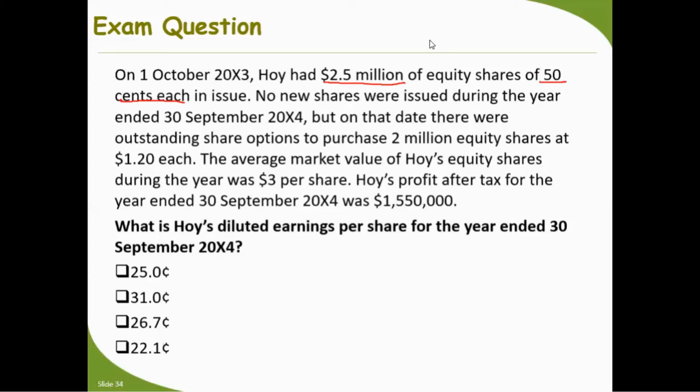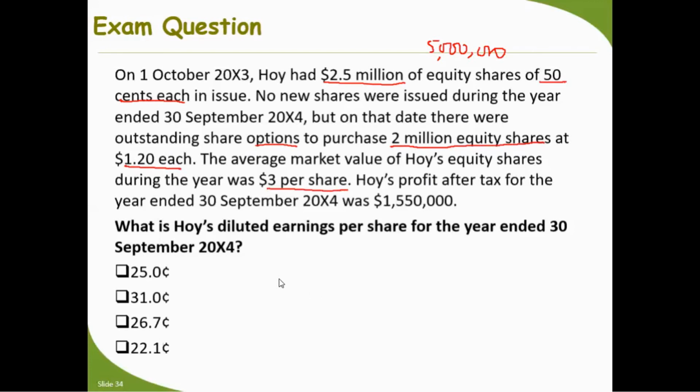It means the total number of shares in issue is 5 million, double the 2.5 million, because for $1 we have 2 shares. No new shares were issued during the year, but on that date there were outstanding share options to purchase 2 million equity shares at 1.2 each. So market value is this.